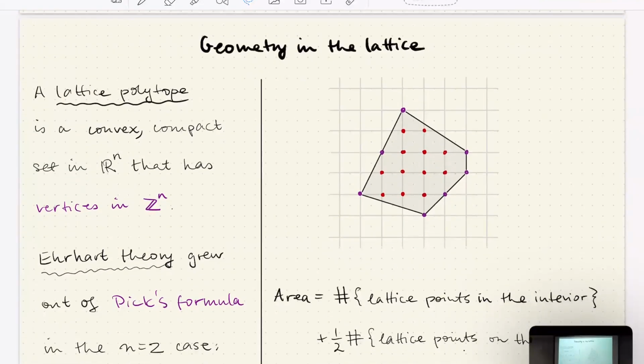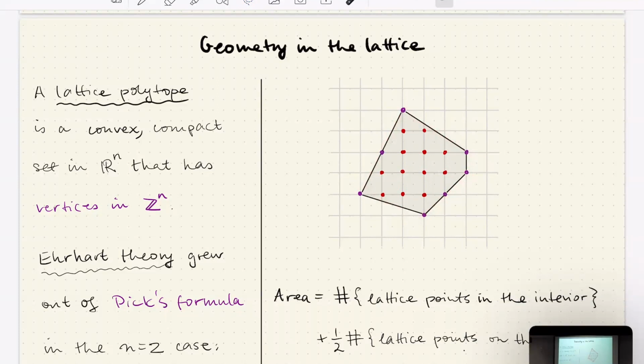Here's one slide only, just to give you an idea, just in case anybody out there remembers this maybe from high school. It's called Pick's formula. It has to do with the case when the dimension is n equals 2, where you can consider some sort of a convex lattice polytope just in the plane.